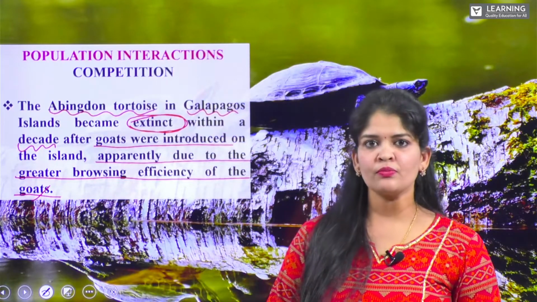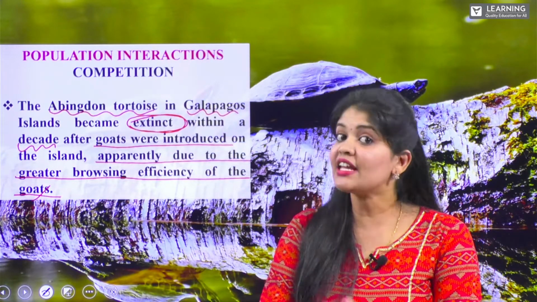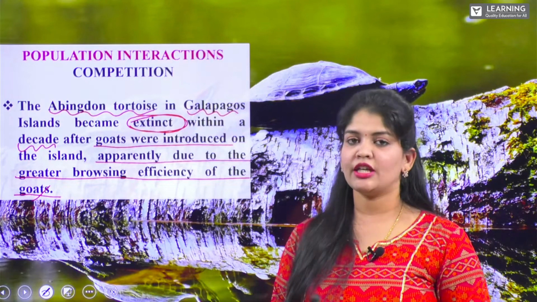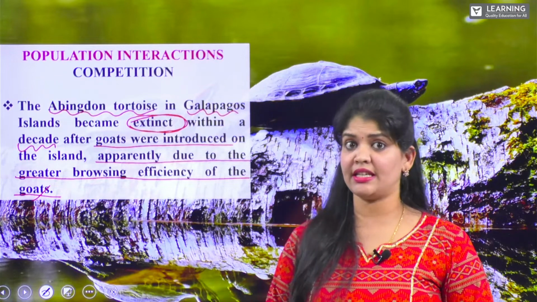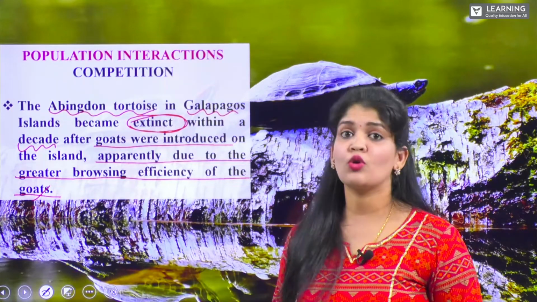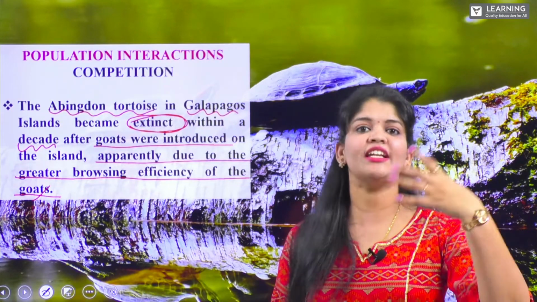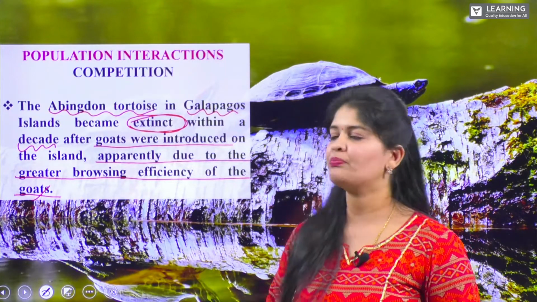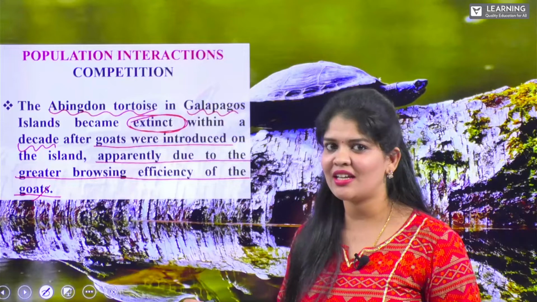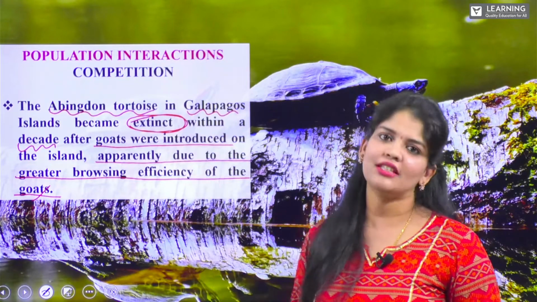We know that goats browse very efficiently compared to the tortoise. Therefore, it competes. The grasslands are available, but still the competitor, the goats, have high feeding efficiency. Therefore, it is interfering, inhibitory towards the tortoise.